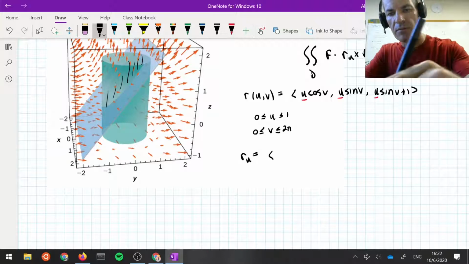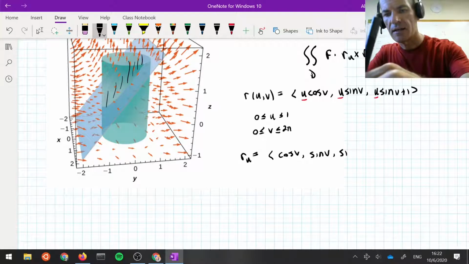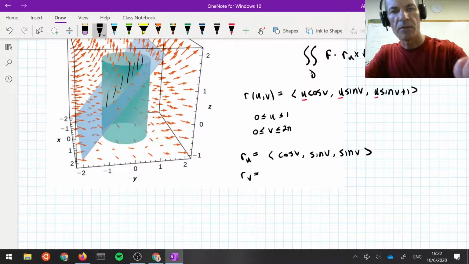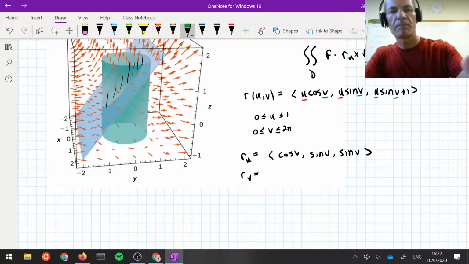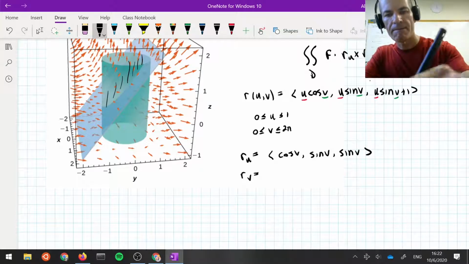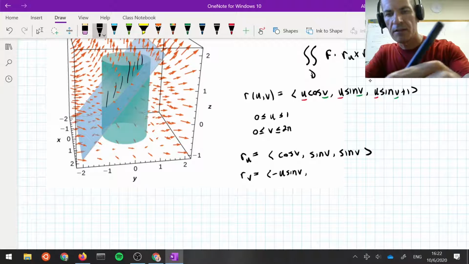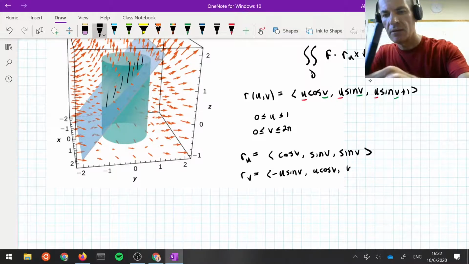That's cosine v, sine v, and sine v. Rv, let's see where the v's are. There's a v, and there's a v. That's minus u sine v, u cosine v, and u cosine v.